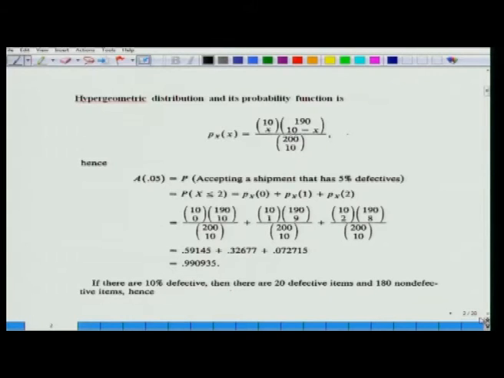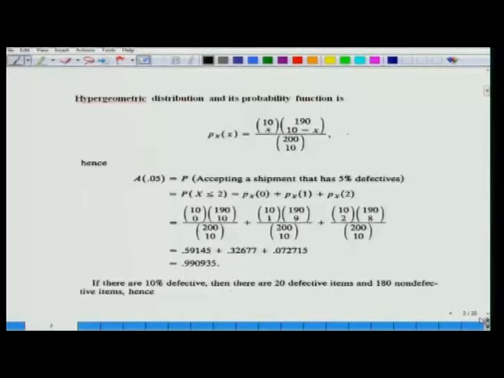What I am showing you here is the probability of the number of defectives being small x. This is the case when we are assuming that 5% are defective in the whole lot. So, then it is 10 choose x, and then 190 are non-defective. From the non-defective I am choosing 10 minus x, and then divided by 200 choose 10.